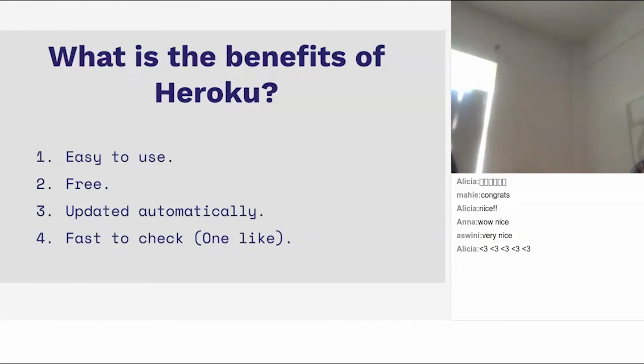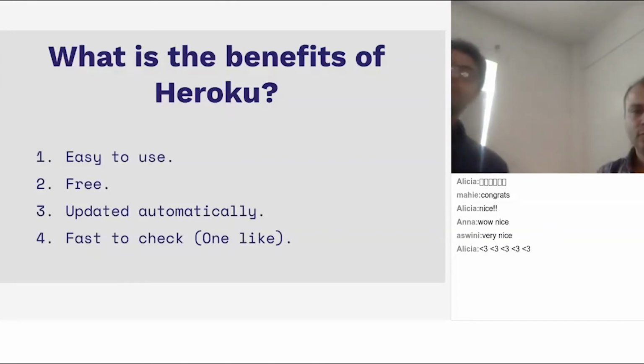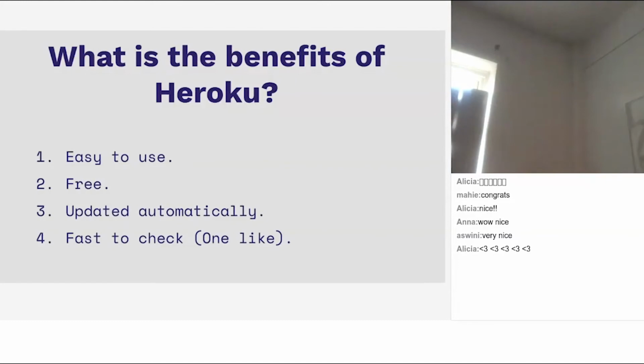There are actually a lot of tools in Heroku that we used. The most important thing is that it updates automatically. Whenever we make any changes to the components or the project, it is automatically updated on the URL. So it's very easy to use and very fast to check, just one click. We don't need to go through localhost and open all the folders to see it there.